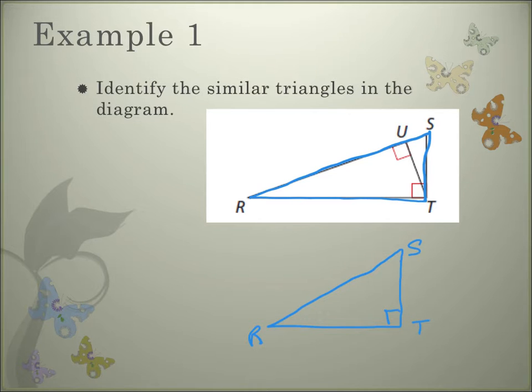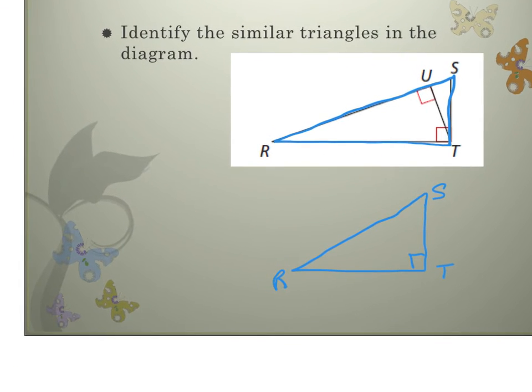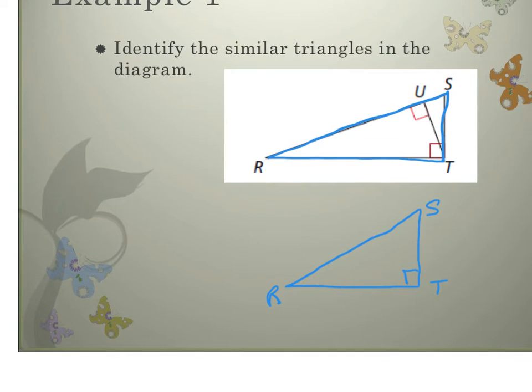Now, when I go to pull these out, I'm going to put them in the same orientation so you can see what matches easier. So next, I can pull out the medium size one, the RTU. So I'm going to, again, sit the right angle in the same spot. RTU.